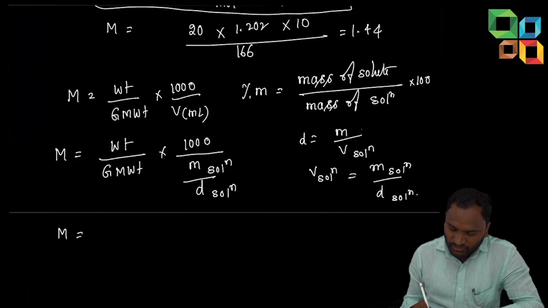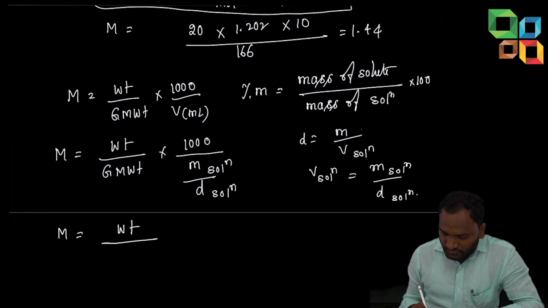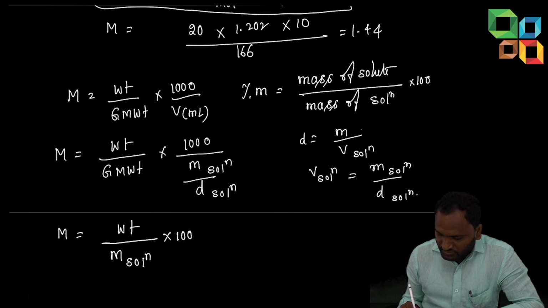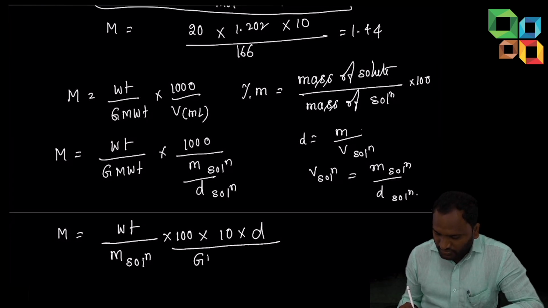Hope you might got to know this one. Weight by mass of solution, I am keeping. This 1000 I am splitting into 100 into 10. Here denominator is there, no, density will go up by gram molecular weight.